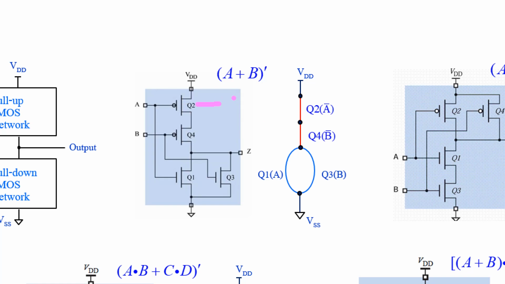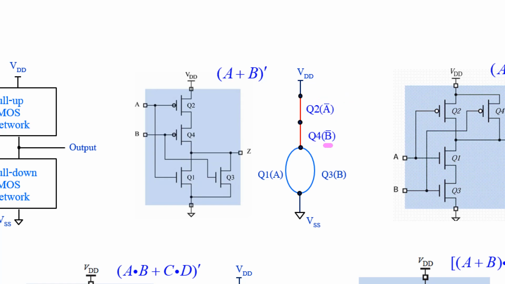We will use the transistor as a switch, right? Controlled by A, and because of the active load, we use a bar to show that this one is active low. For transistor Q4 also, right?